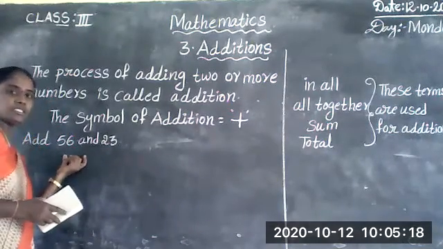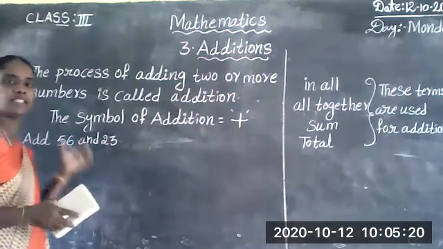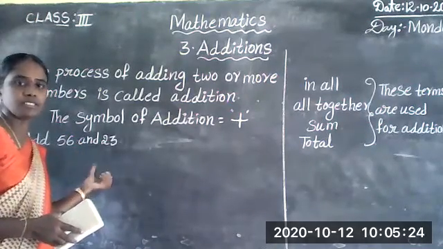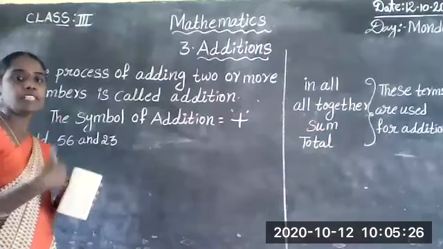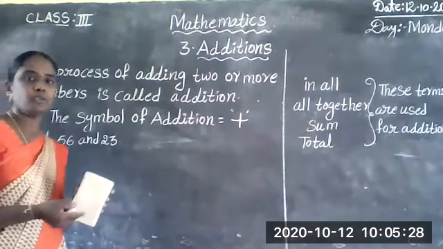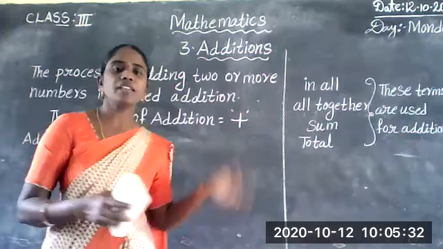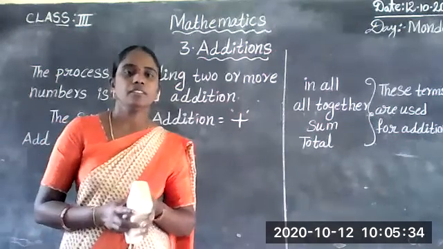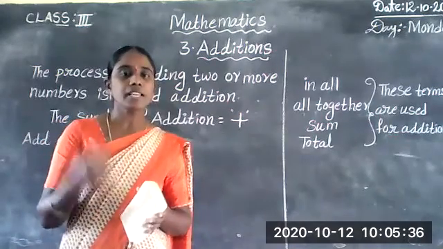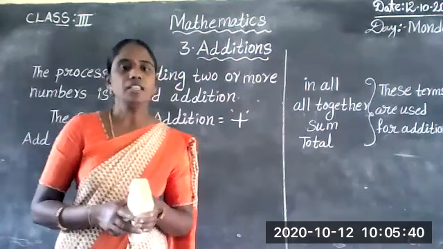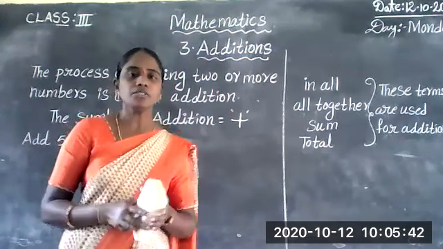First, we have to write these numbers in columns, like a place value chart. Do you know the place value chart? You already learned it in previous classes: ones, tens, hundreds, thousands, ten thousands.